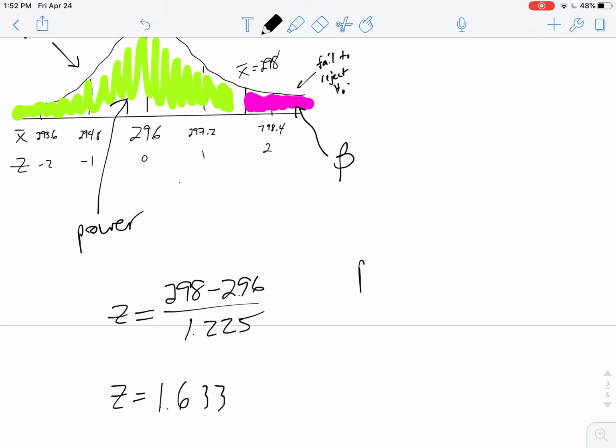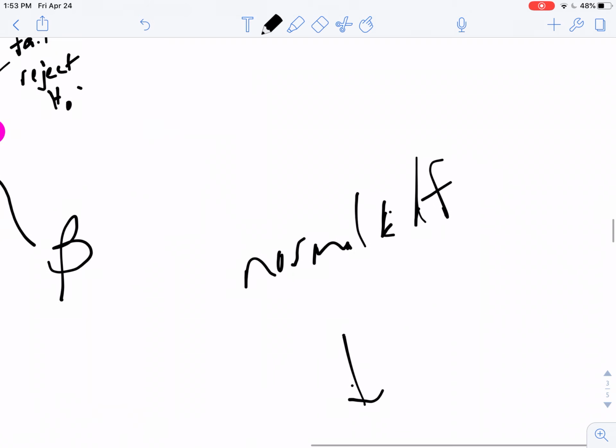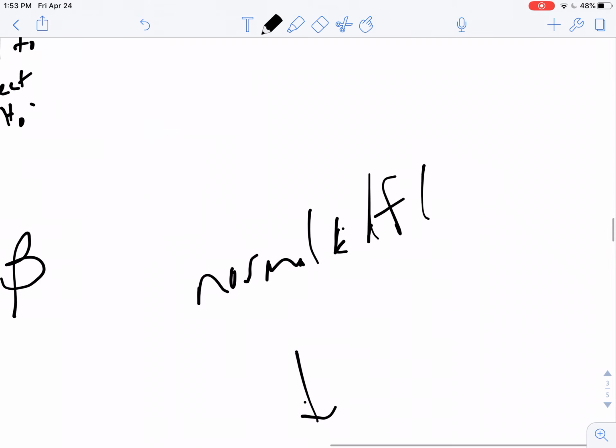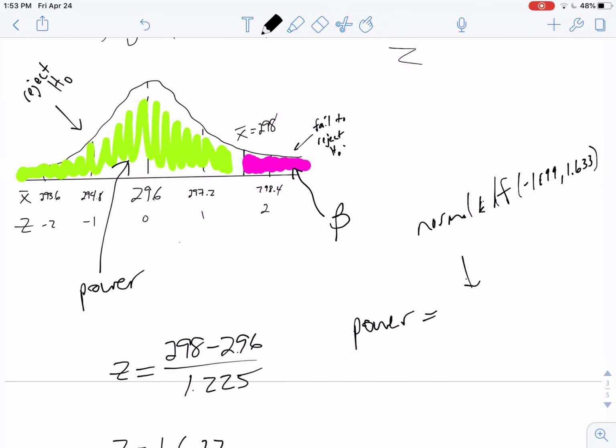So then to calculate the power, I'm going to use normal CDF. The green region here is to the left, so I'm going to do negative 1e99, comma, that z-score that I just calculated, 1.633.